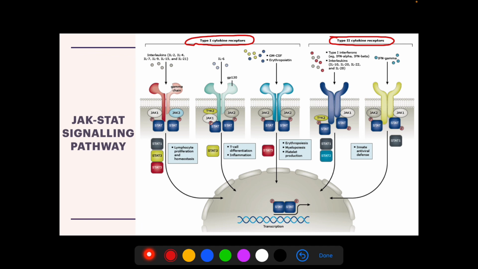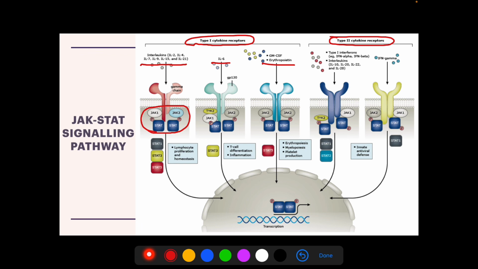In type 1 cytokine receptors, when interleukins attach to the transmembrane receptors, it causes phosphorylation of Janus kinases JAK1, JAK3, JAK2, and tyrosine kinase 2, which causes JAK-STAT phosphorylation.